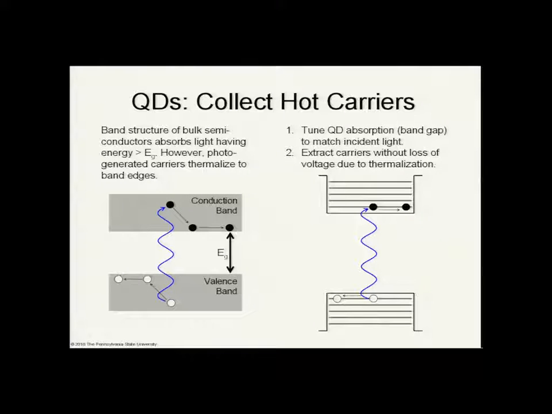This will allow us to extract carriers without loss of voltage due to the thermalization that we saw in the figure on the left. What this means is we're getting less heat and more current being generated.